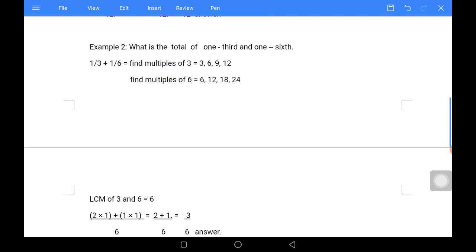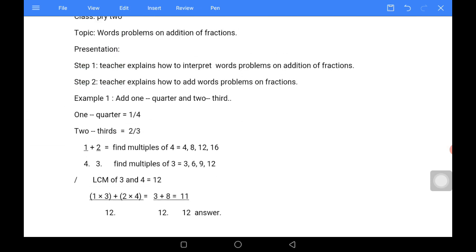So you will discover that it is only the interpretation that makes problems on addition of fractions seem different from what we have been teaching from the beginning of the fractions topic.